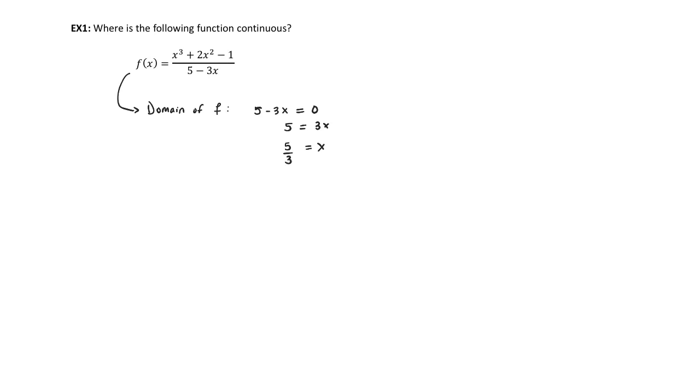That means that the domain of this function, D, consists of all x values such that x is not equal to 5 over 3, where x can be any other real number.